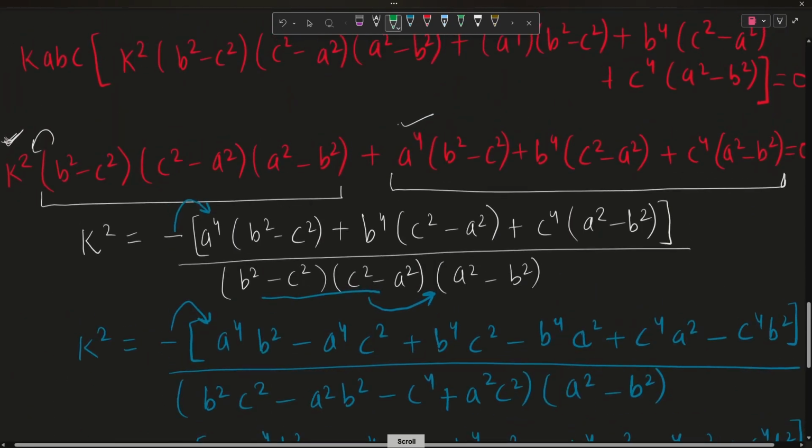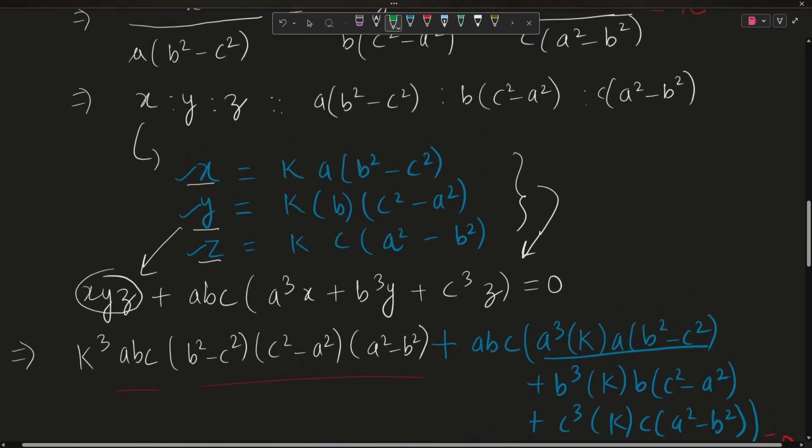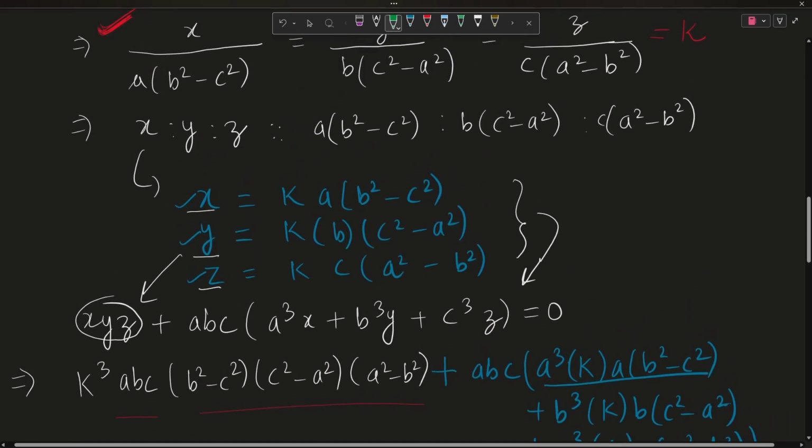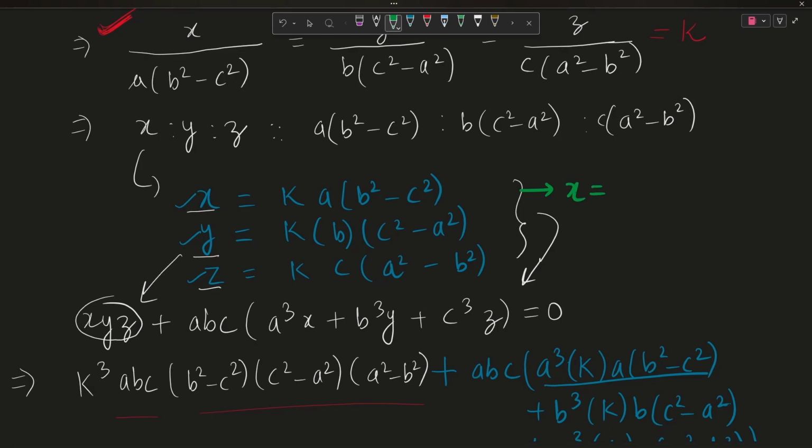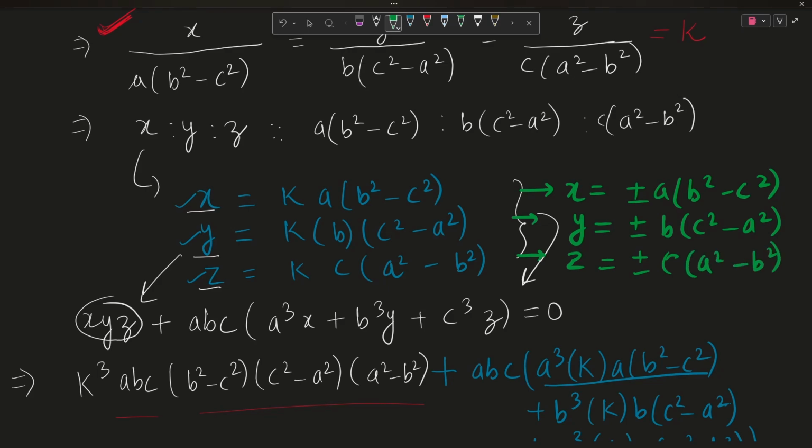Now in the earlier part, as the value of k has come to be plus minus 1, our values will become x is equal to plus minus a into b square minus c square, y will become plus minus b into c square minus a square, and z will become plus minus c into a square minus b square.